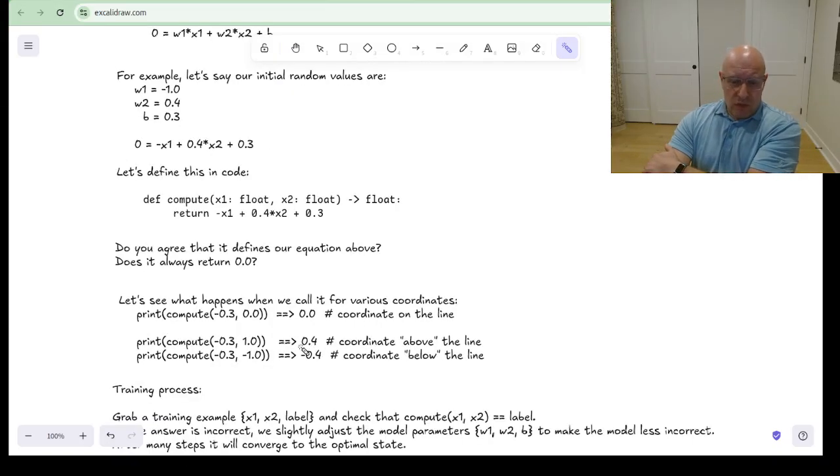And we will use this property that there are some coordinates above the line and some below the line. Now, what is considered above and what's considered below is a little bit tricky. It depends on how we initialize our parameters initially. Because if I flip the sign here, like I can make this positive, this negative, and this negative, then it would still be the same line, but its notion of what's above and below will flip.